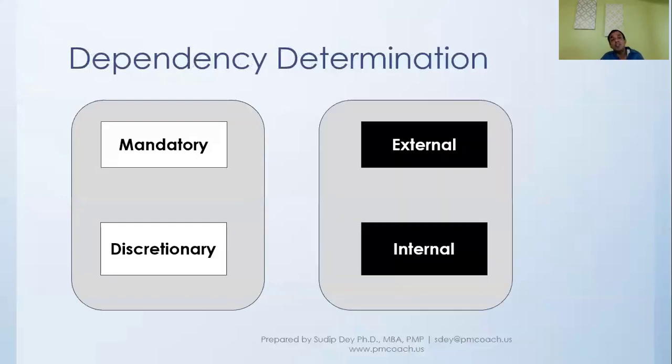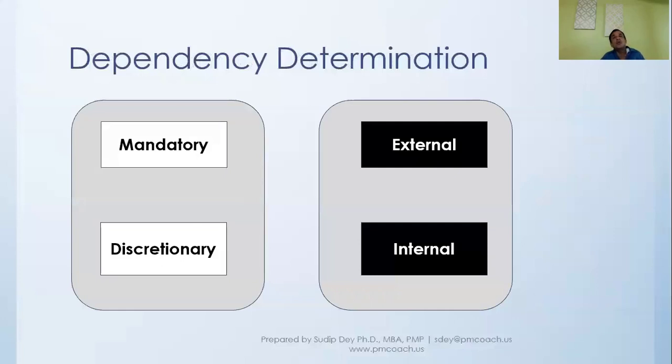Similarly, some of these dependencies might be external. External is when the dependency comes from outside the project activities, and internal is when it is within the project activities. For example, you have to start this testing activity, and before this testing activity is done, the test environment has to be set up. And let's say the test environment is set up by an external agency.